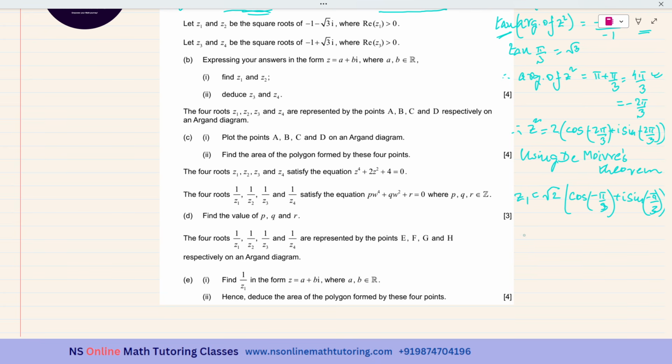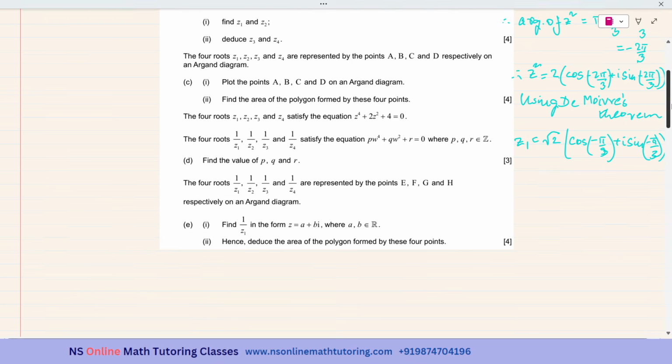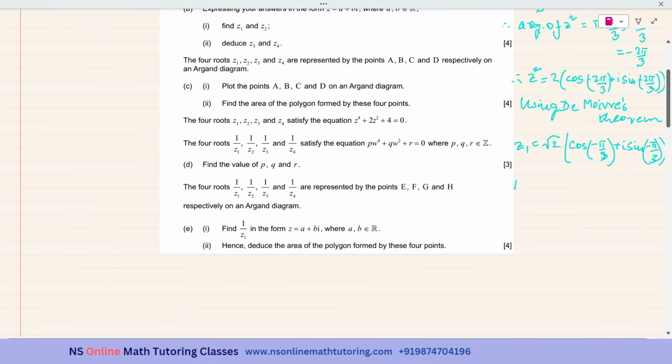And for the second root, we have to add the total angle around the central point, the origin, which is 2 pi, and there are two roots.